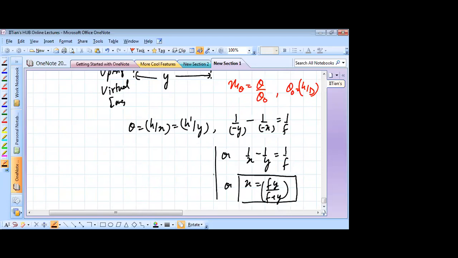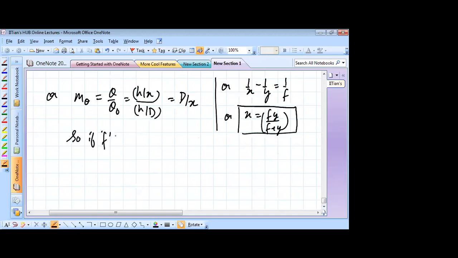So now coming back to this, angular magnification is becoming theta upon theta naught, which if we write in terms of h so that it cancels out, is d by x.